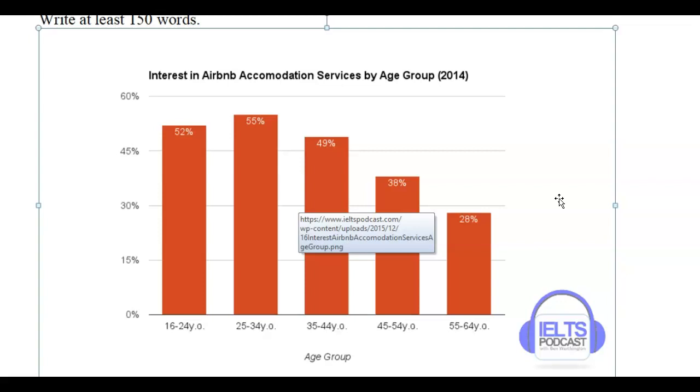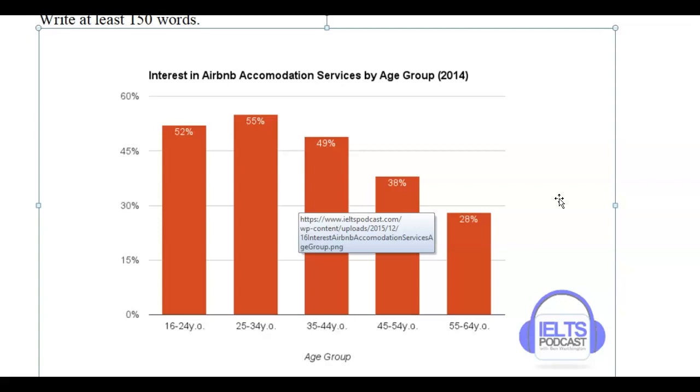And the reason why I do this is because then you can see the numbers start going down, right? So that's why I would have divided it probably, and it would have said that the 35 to 44 age group had just under 50% of its population interested in Airbnb.